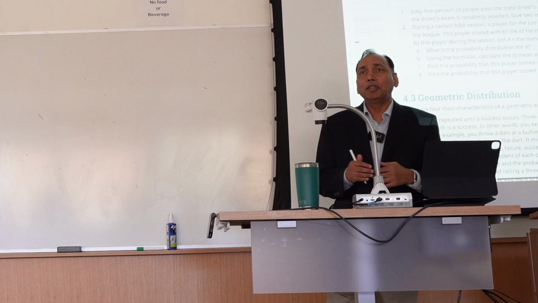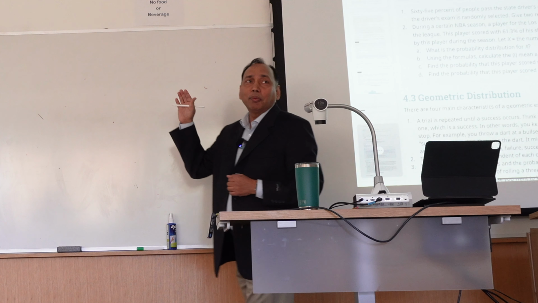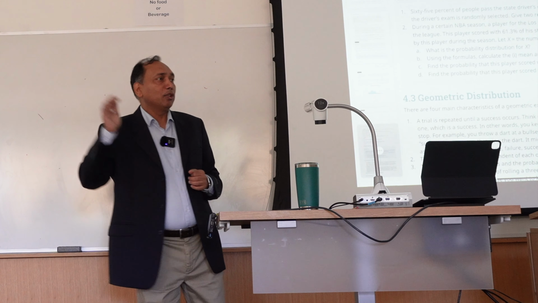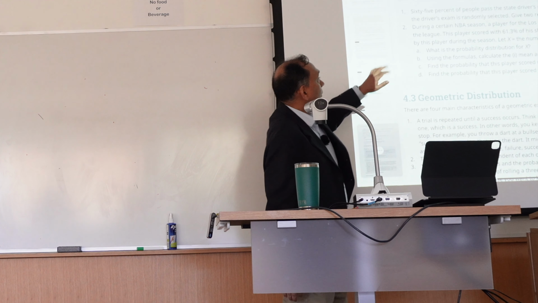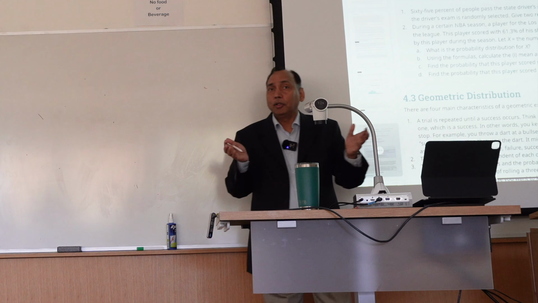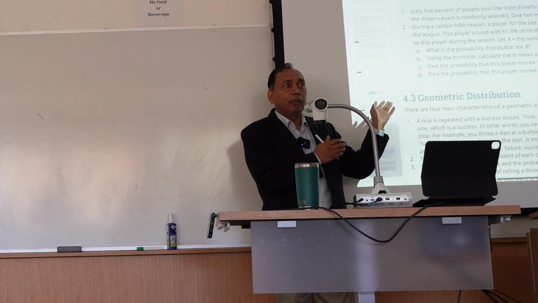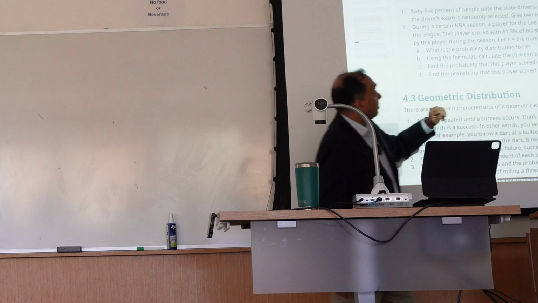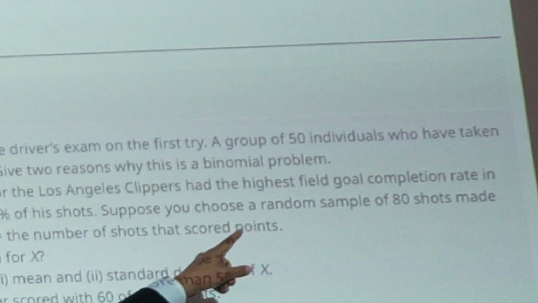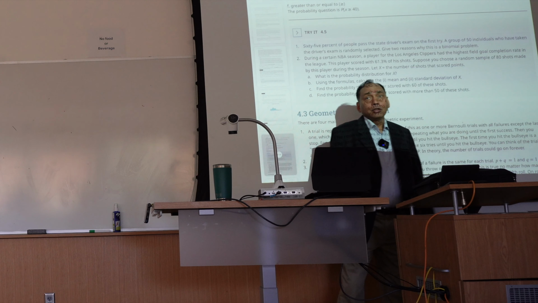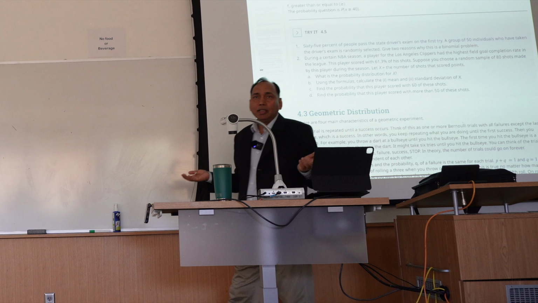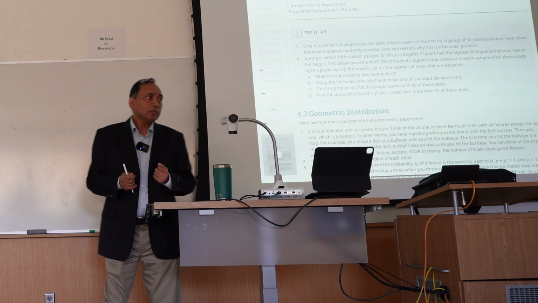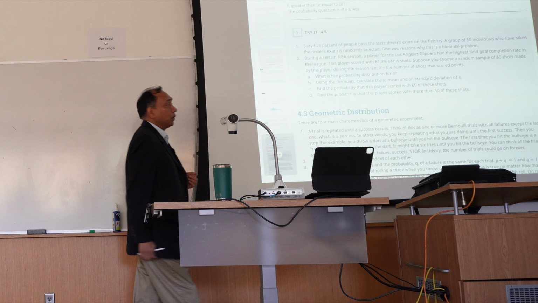How do we figure out whether we are working with binomial or Poisson or hypergeometric? When you read, it will tell you. In this case, it is giving me p, which is 0.65, and then it gives me n, a group of 50 individuals. So n is 50. When n and p are given, that means we are talking about binomial, because those are the two things you need.